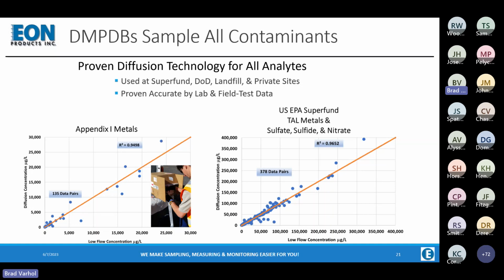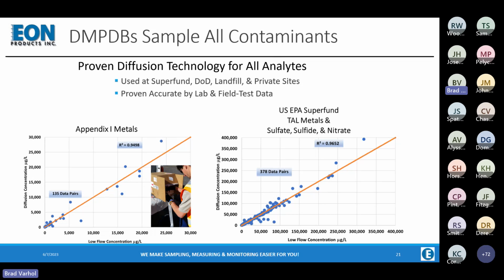So at some of our Superfund and DOD sites, our consultant, in this case, conducted some testing, and they collected 135 data pairs, so 135 low flow and 135 diffusion-based samples for these Appendix 1 metals. They tracked very closely along a one-to-one plot with an R-squared ratio of 0.94. 1.0 is a perfect ratio.